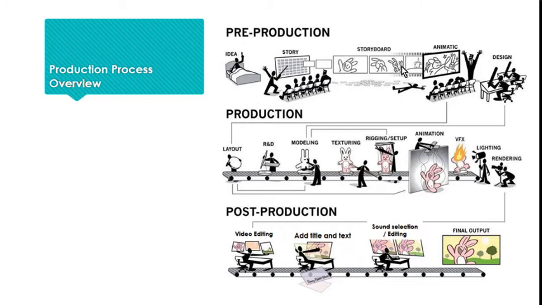For pre-production, we looked at creating a storyboard from images and what it would be like to come up with an idea or to execute an idea from a story. We've looked at the production process. This would involve you going into 3D Max or your equivalent software and manipulating and doing technical things. And now we're looking at the post-production process, which would involve doing things like video editing, adding text and titles, adding sound, and polishing the final video.